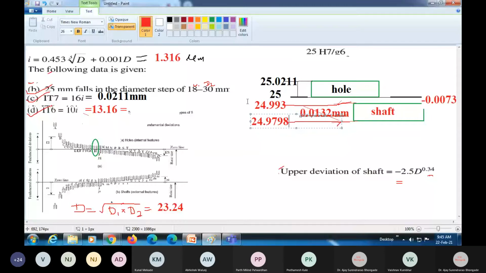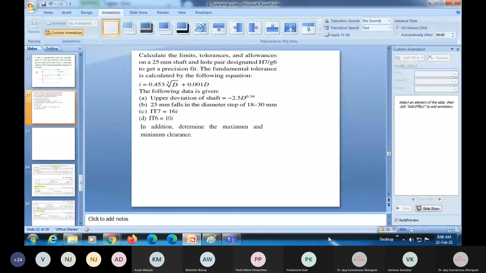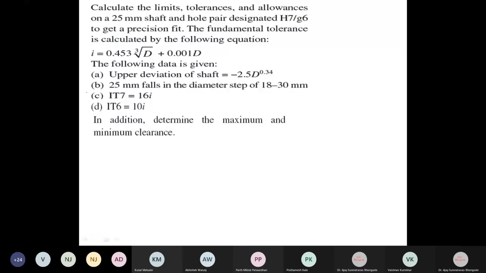Okay, so if I simply move to the problem, am I audible? Yes, sir. Okay, so if I simply move to the problem, what we are talking about here. We got all these values, right? We got this upper deviation of the shaft.